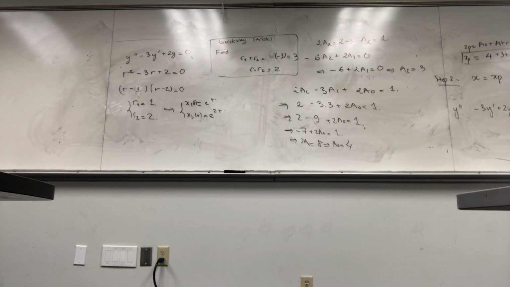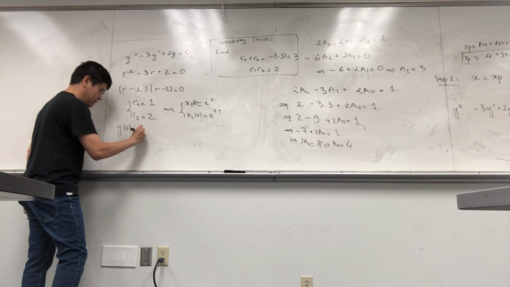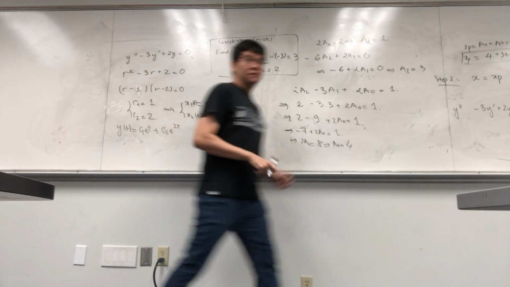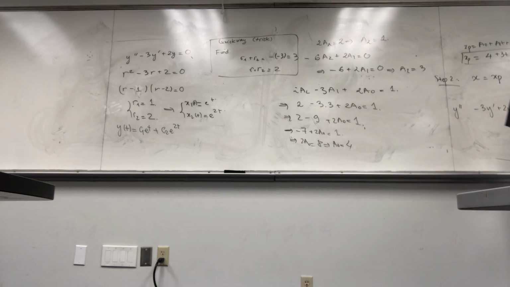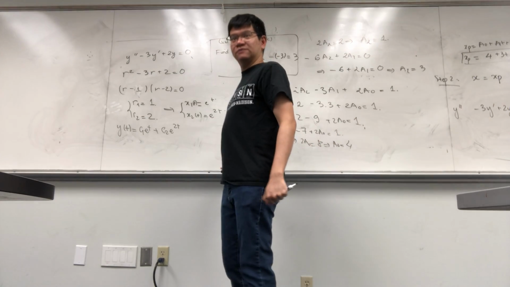What is the general form of y? C1 times e to the t plus c2 times e to the 2t. So you're going to have y is c1 e to the t plus c2 e to the 2t. Questions? It's clear? So this is the easier part.